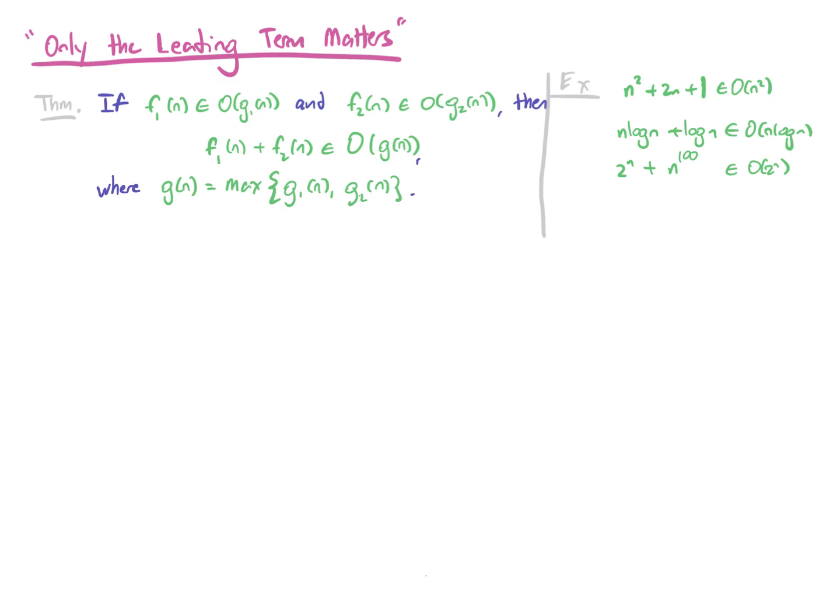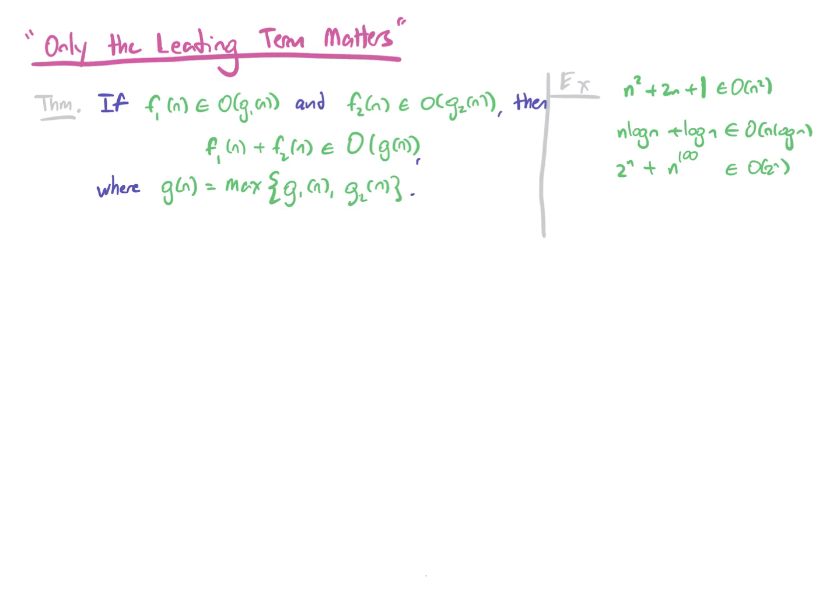And what that function does, it just takes the maximum of g1 and g2. So whichever of these g1 or g2 is larger, that's going to be my big O bound. And so here we can see this in action. 2n is big O of n squared, and n squared is big O of n squared, and so when we add them together, the larger one wins out, and so we get big O of n squared.